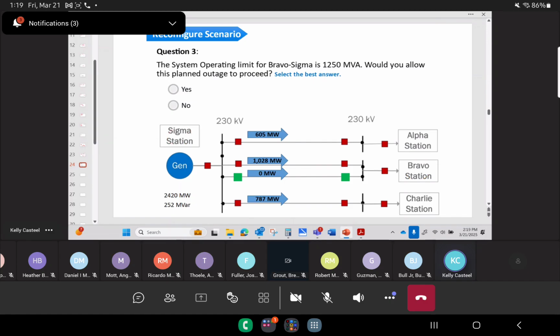Okay, so let me figure out what we got going on. Okay, so I'm just trying to figure out, I'm guessing that this is the planned outage that they were talking about.